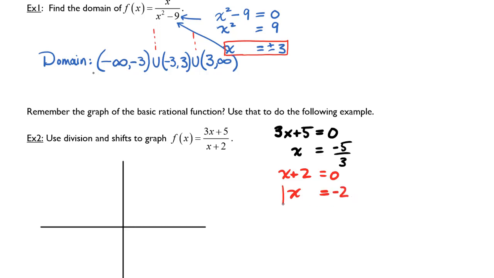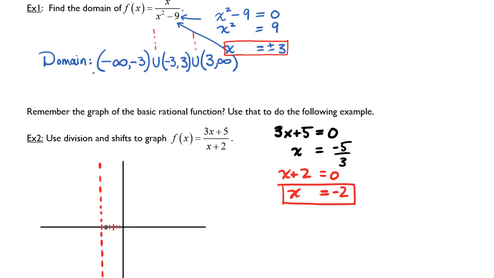And I know that this will be a vertical asymptote at negative 2 because this is where the denominator equals 0. So I'm drawing a dotted vertical line at x equals negative 2. Now if I look at, so right about here, I will have a 0 of the rational function.